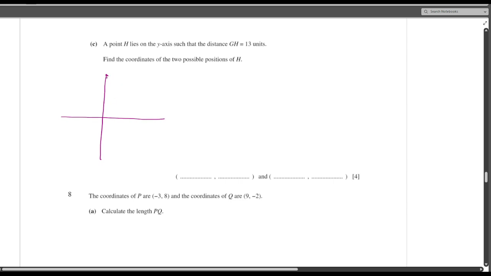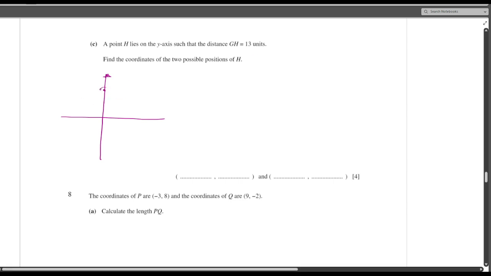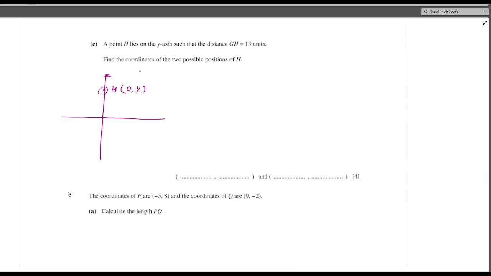Now they are saying that point H lies on the y-axis such that GH is 13, so let us consider this point as H. The coordinate of H, if I say, then definitely it is going to be 0 comma y, something like that. I have to find the coordinates of two possible positions of H.